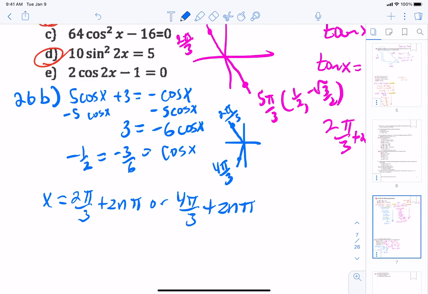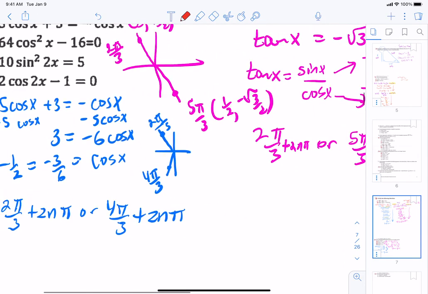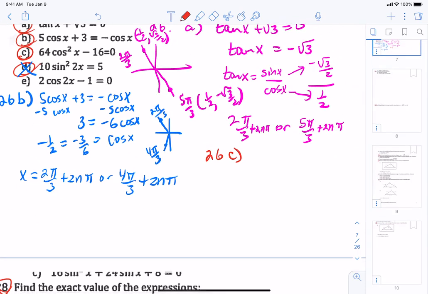Now, I didn't realize that 26D was a double angle one, so I'm going to cross that one out, and instead, let's do C. So we're going to do 26C now. 26C says 64 cosine squared of x minus 16 equals 0.